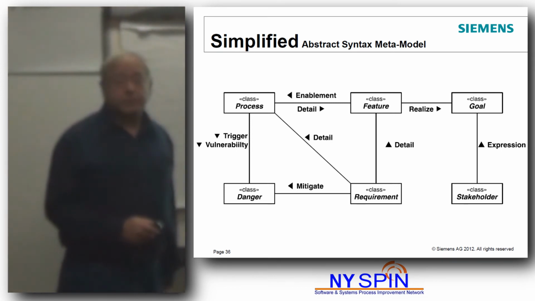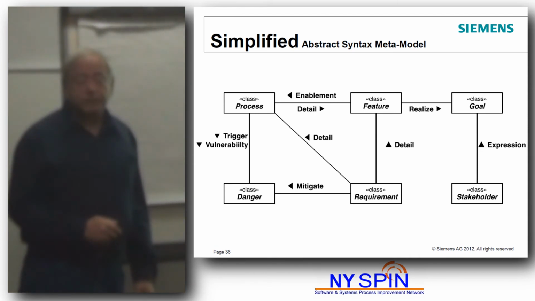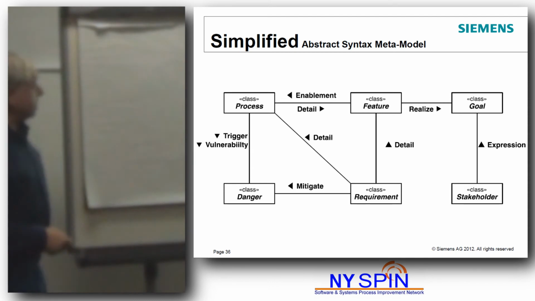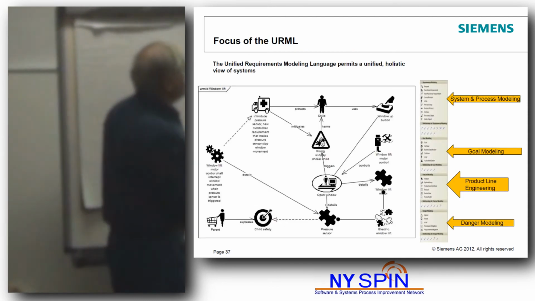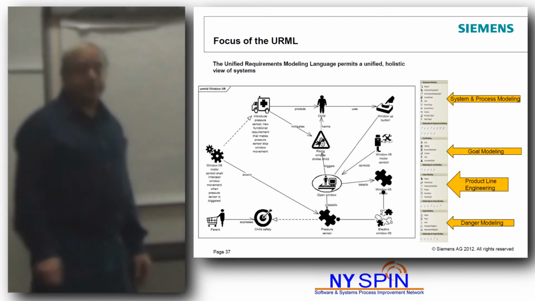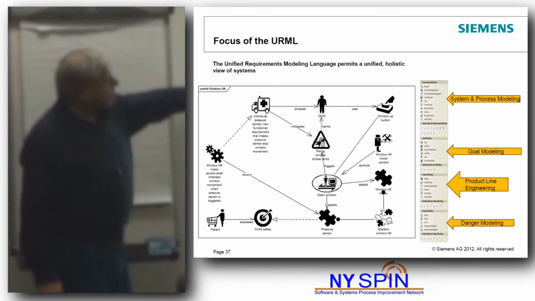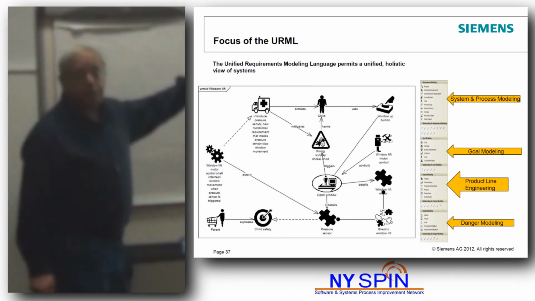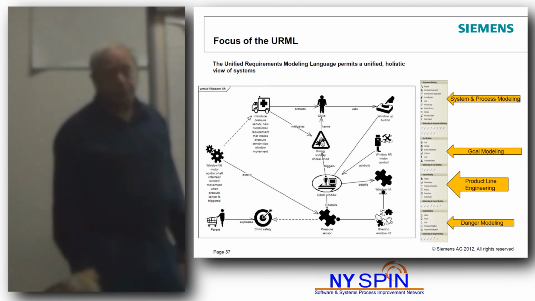Every one of the diagrams I showed you that was a URML diagram was taken from a real project. Okay. So we have a unique holistic view of systems. That's a toolbar from Enterprise Architect. Now the language is tool agnostic, but in order to test it, we had to do an implementation.